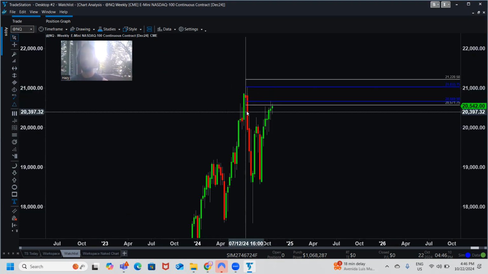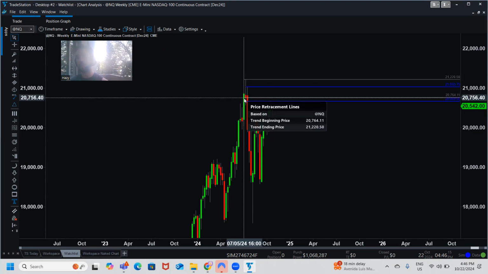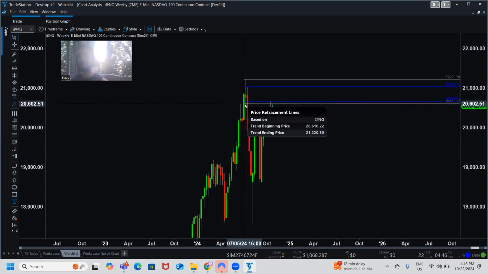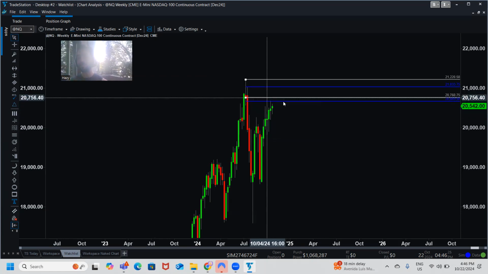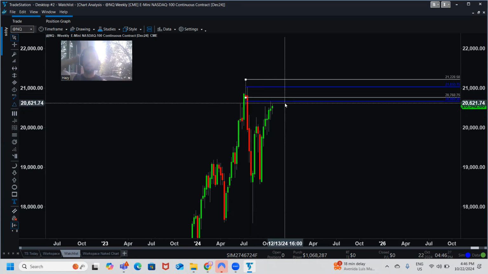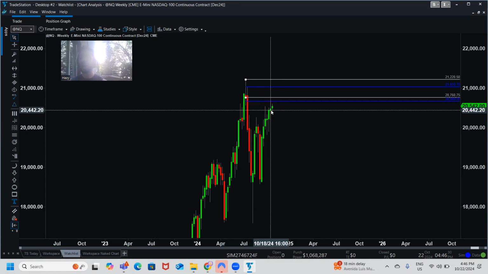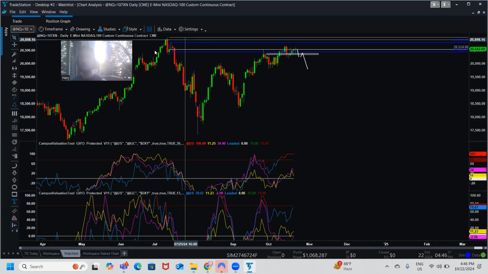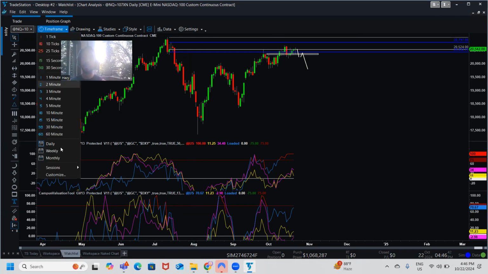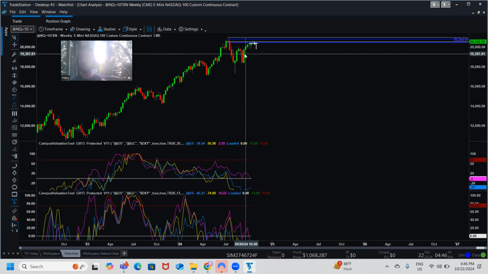On the adjusted chart, we can see that price reached the extended version of that zone, but it hasn't reached the preferred version on the weekly on the adjusted chart. On the unadjusted chart, as you can see, it already touched that weekly supply preferred version, which is the more concise one.